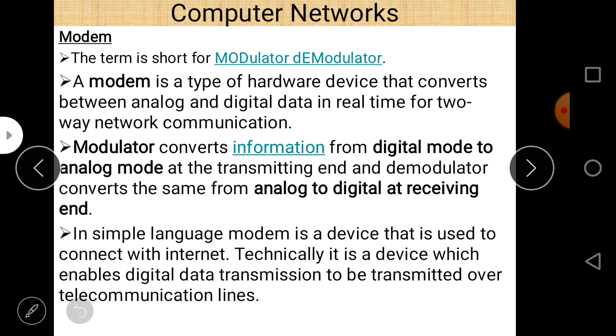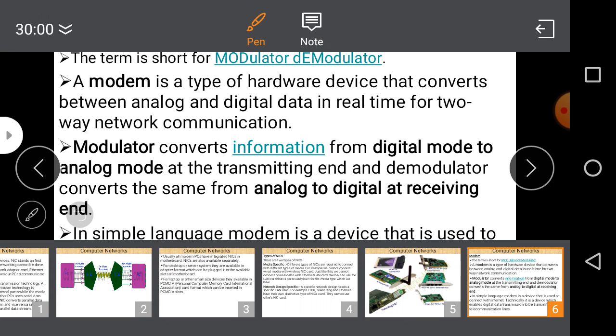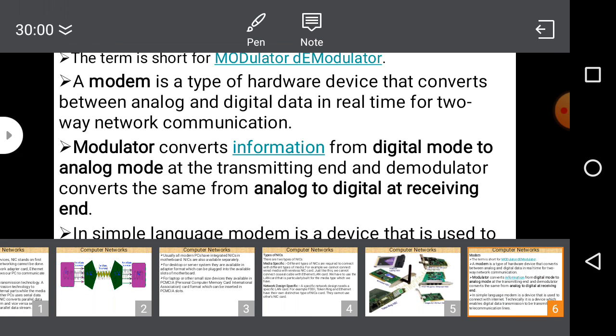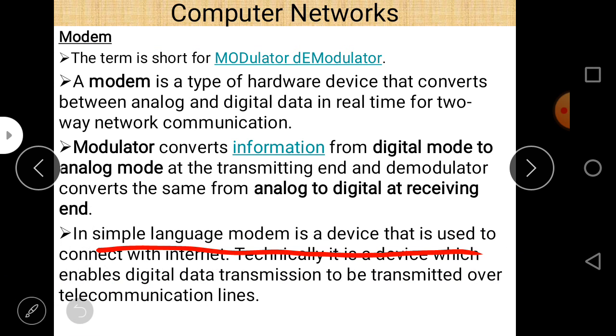In simple language, modem is a device that is used to connect with the internet. That is a very important part. It enables digital data transmission over telecommunication lines.